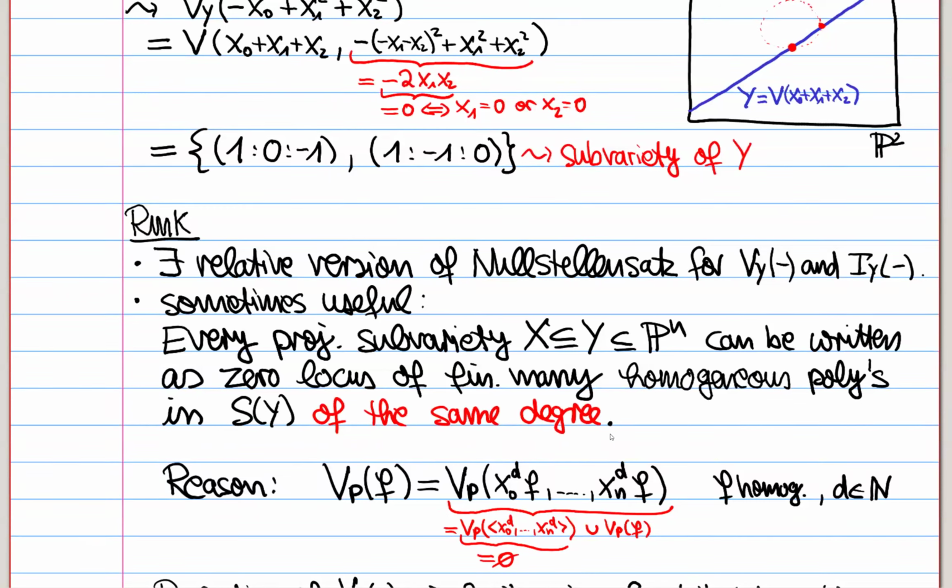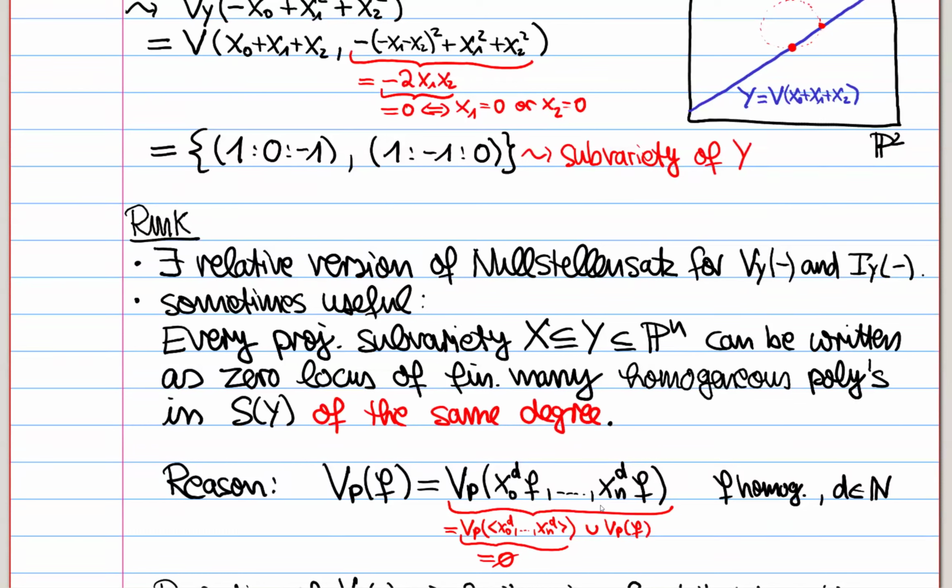And so to see this, imagine you have a bunch of polynomials of different degrees, then the claim is we can modify each of the equations to then all go to the same, possibly higher degree. And for this, you just see the vanishing locus of a homogeneous polynomial f is the same thing as the vanishing locus of more equations where you multiply f by some powers of the coordinate functions x0 up to xn.